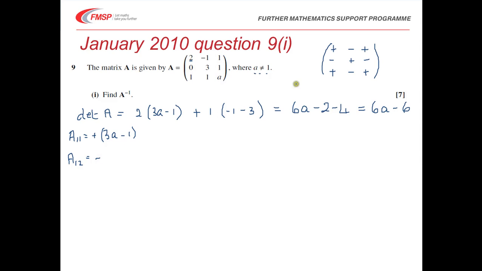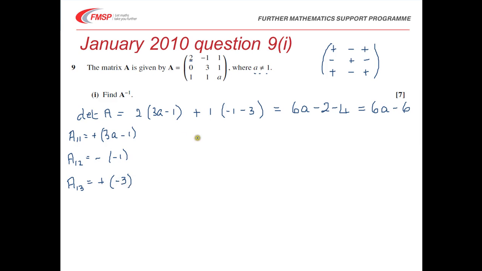And of course, because of the matrix of signs, it is going to be minus 1. And then I'm going to find the next one, which is A13, but I'm transforming my rows into columns, so I'm going to write it underneath. A13, we're crossing out the first row and the third column, so it's 0 minus 3, and of course it is positive, 0 minus 3, so that's minus 3.